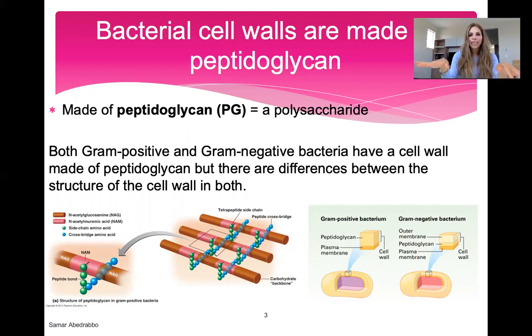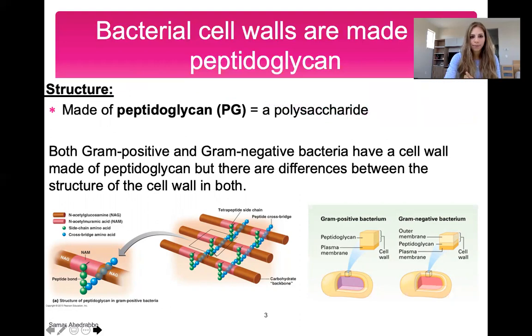So this is all I want you guys to get from this slide so far, is that outside the cell membrane of bacteria is a cell wall, and cell walls are made of peptidoglycan. So when I say cell wall or peptidoglycan for this lecture, just know they're the same thing that I'm talking about. And gram-positive bacteria and gram-negative bacteria have different cell walls or different properties of their peptidoglycan.